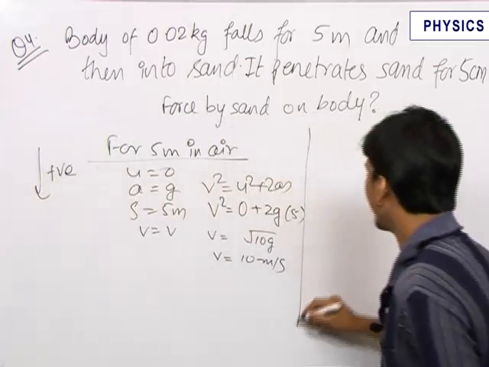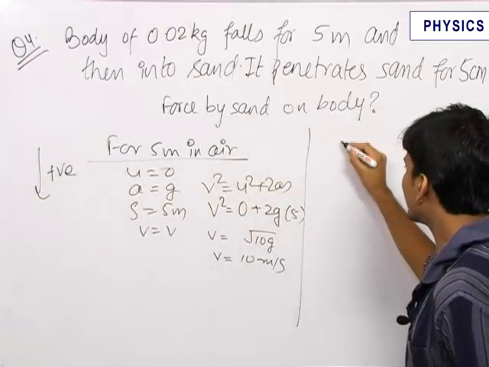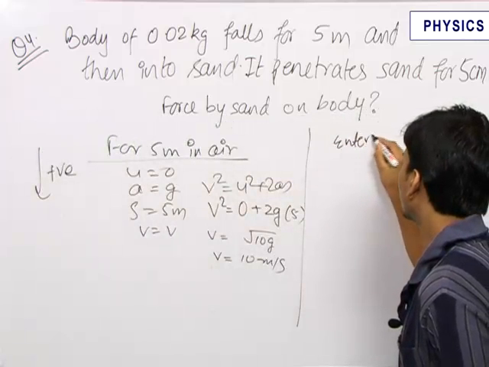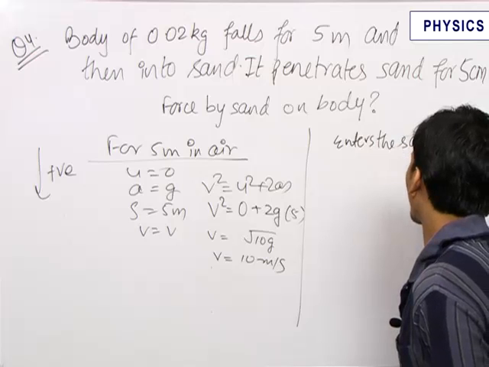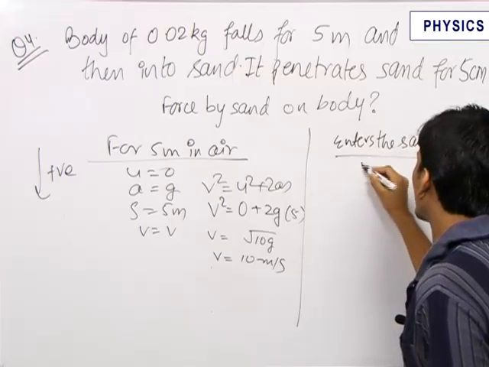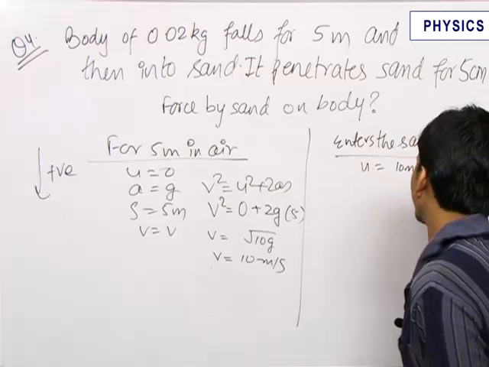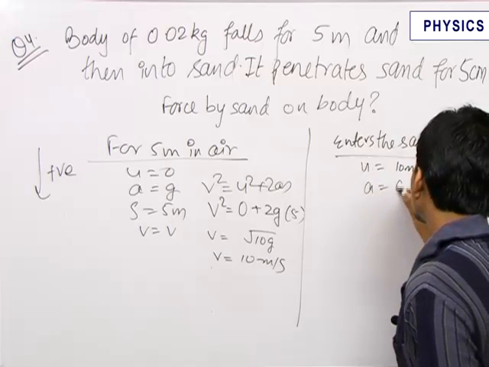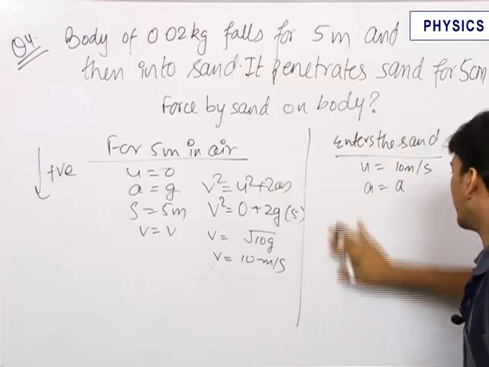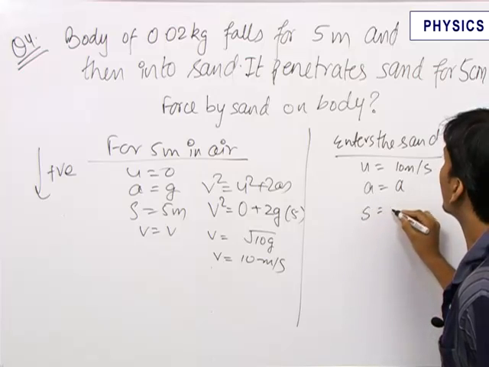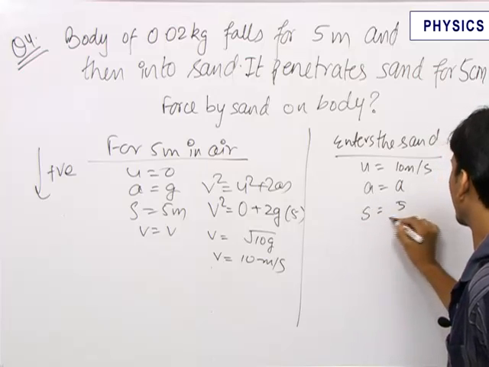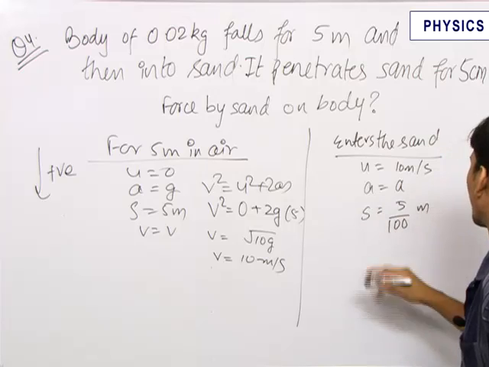Now what happens when it enters the sand? When it enters the sand, its initial velocity was 10 meters per second. Its acceleration was something, a. Its displacement is 5 centimeters, that is 5 by 100 meters.